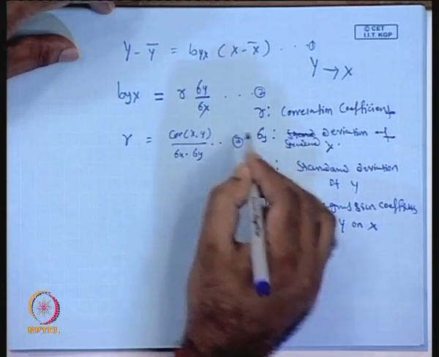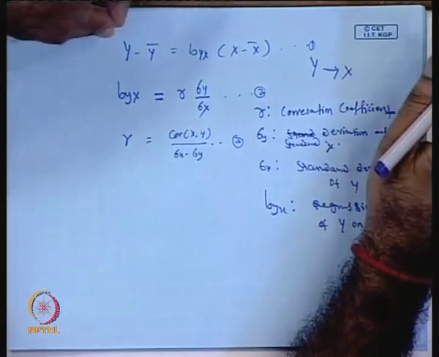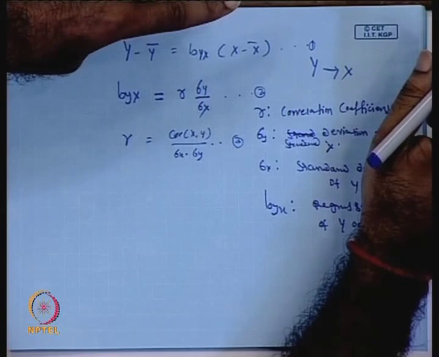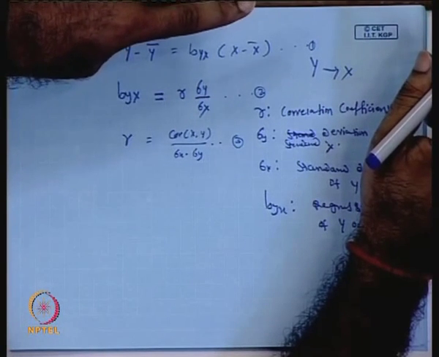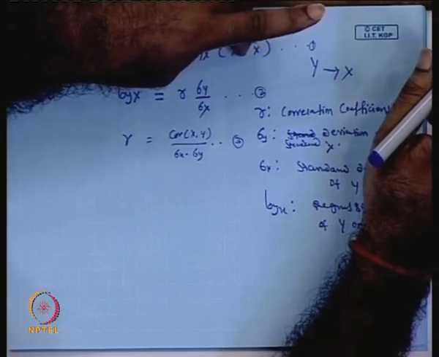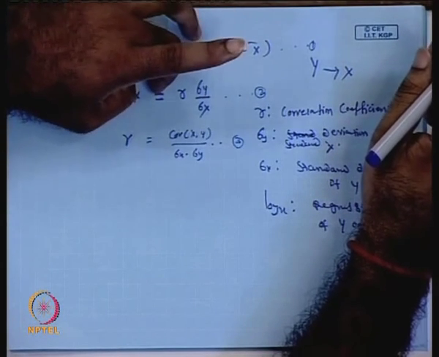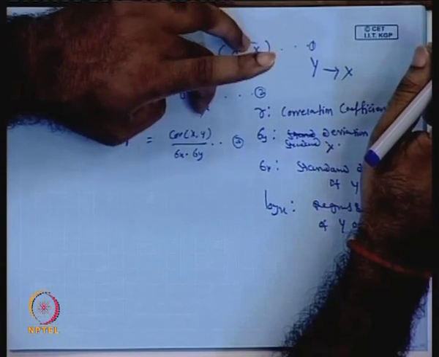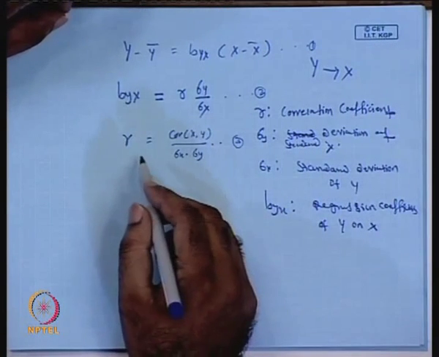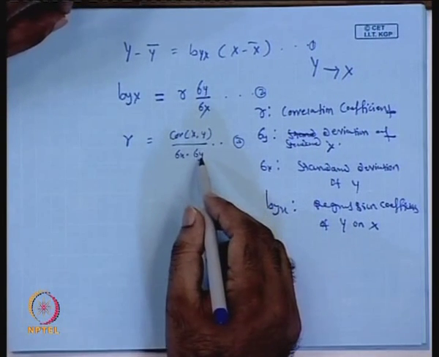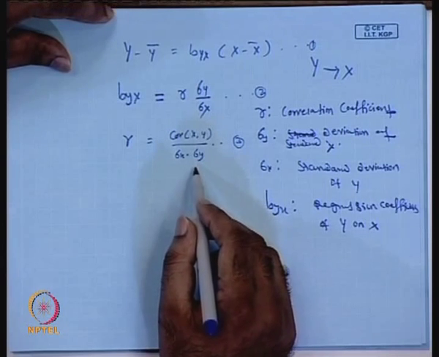So the original regression equation is y minus y bar equal to byx into x minus x bar, with byx equal to r sigma y by sigma x, and again r equal to covariance of xy by sigma x and sigma y.